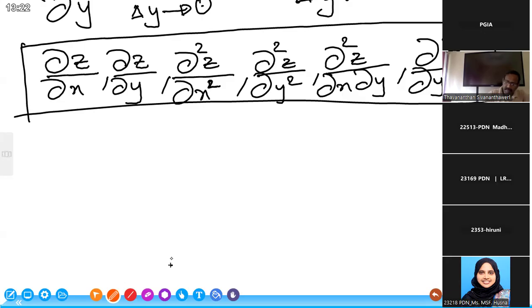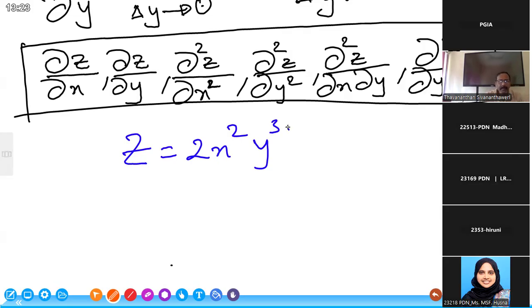This is my example: z equals 2x squared y cubed. Now this is my function. We have altogether three variables, x, y, and z. x and y are independent and z is the dependent variable.